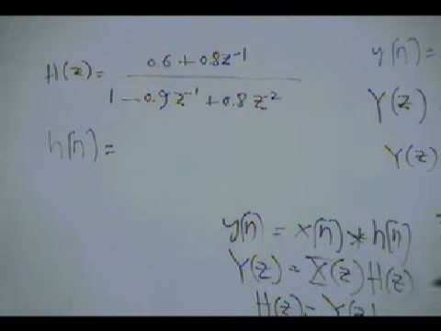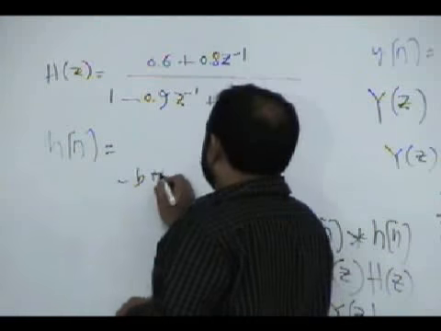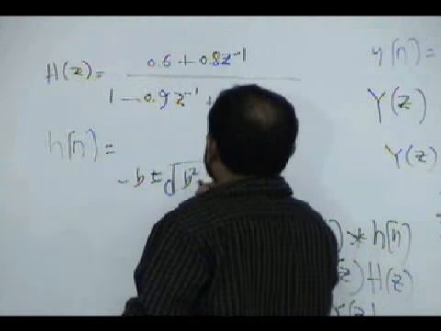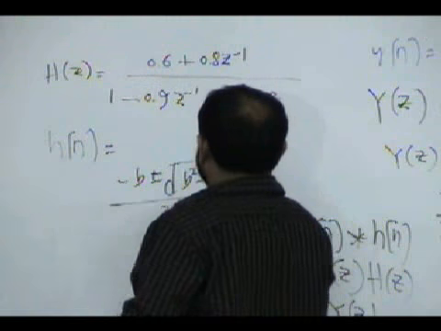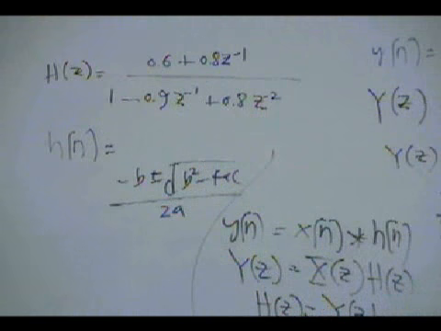Depending upon what you compute, b square minus 4ac from your old math, the roots are minus b plus minus square root of b square minus 4ac, divided by 2a. So this is how you compute. Now another interesting perspective of the poles.